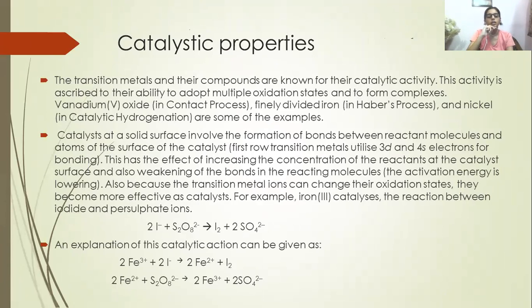Catalysts at a solid surface involve the formation of bonds between reacting molecules and the atoms of the surface of the catalyst. This has the effect of increasing the concentration of the reactant at the catalytic surface and also weakening the bond in the reacting molecule. Also, because the transition metal ions can change their oxidation state, they become more effective as catalysts.